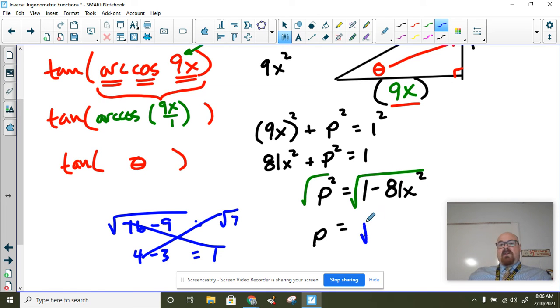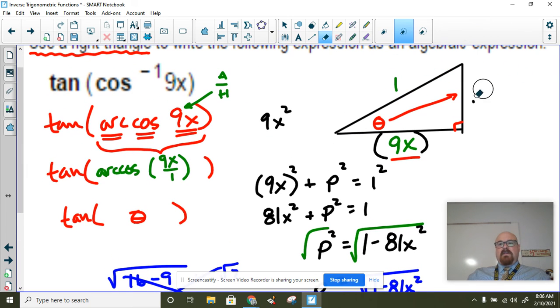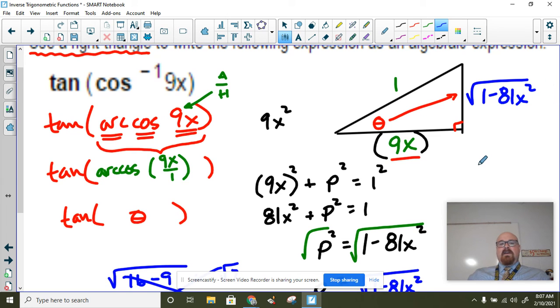Like I said, it's one of those unsatisfying answers where we have to say, this is what P represents. Okay? So, unfortunately, like I said, unsatisfying. We're going to say this is the square root of 1 minus 81x squared. So what is the tangent of that value of theta?